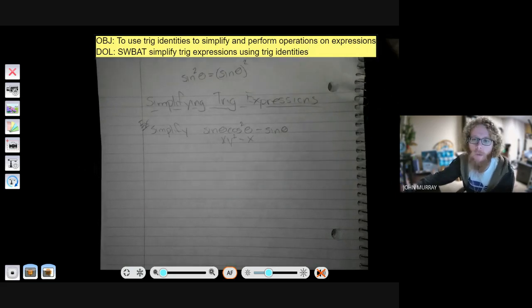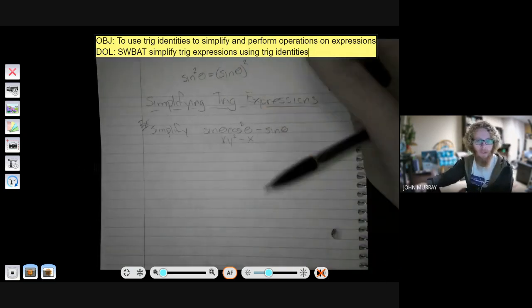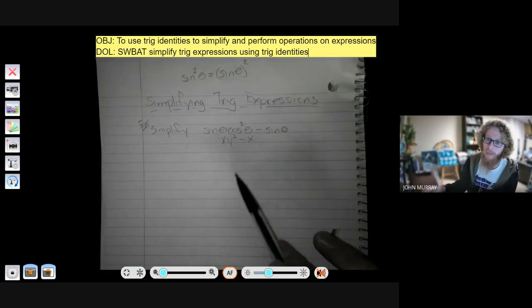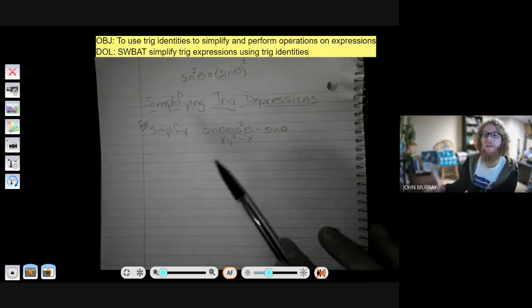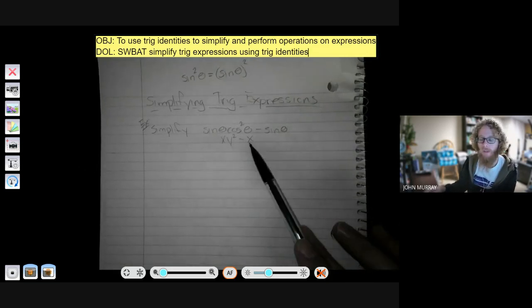Sine is x, cosine is y. I'm just using that as a reference. I don't want to be going back and forth between variables and trigonometry. That's too much, that's AP calculus stuff. You'll get there eventually. But we can treat this like we treat this.